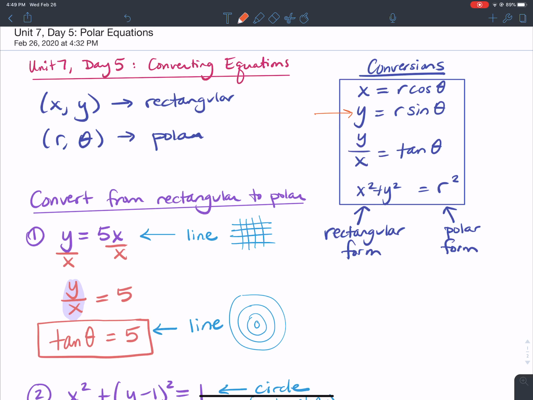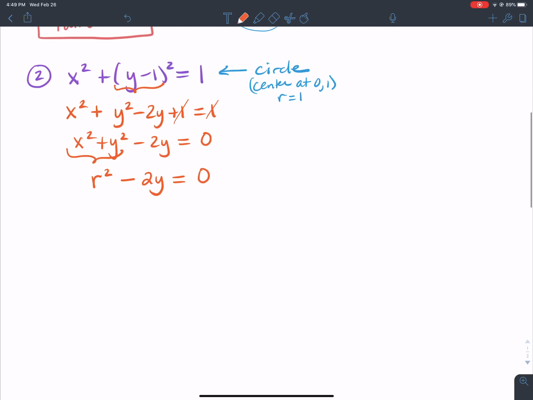All right, y is equal to r sine theta. So we're going to come down here and replace the y in parentheses with r sine theta. And now you're going to say, all right, sweet, I'm done. No, sorry, you're not quite, because the problem can be simplified.